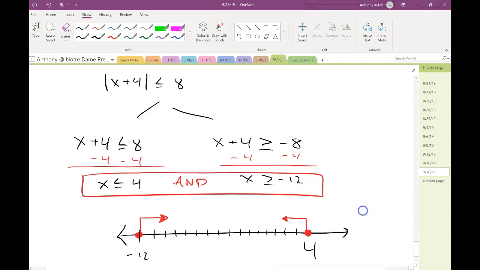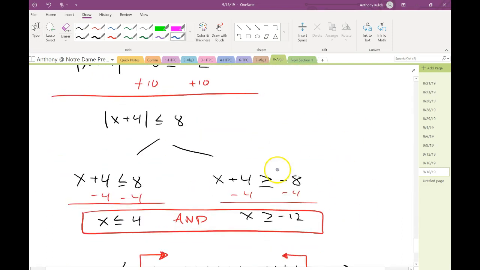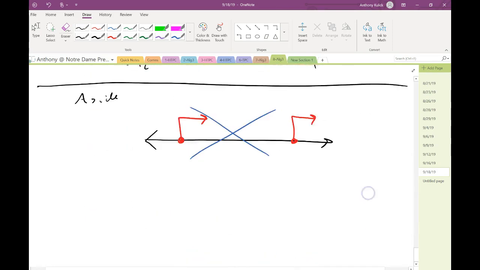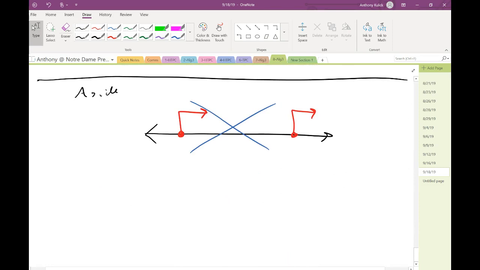The most likely place to make the mistake is forgetting to flip that inequality when you make your second equation. I would say the majority of the time that students end up with an answer where the arrows are pointing in the same direction, it's because they forgot to flip that inequality. So if that happens to you and you get an answer where both the arrows are pointing in the same direction, that's the first place to look, to double check and make sure that you did flip that inequality.